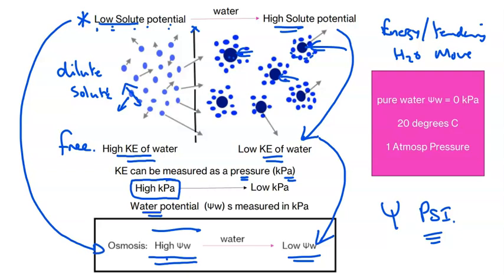Now, for the purposes of this relative scale of water potential, where we have pure water, this is given the water potential of 0 kilopascals, but that has to be at 20 degrees centigrade and 1 atmosphere of pressure. So now we have a new definition of osmosis, which is the movement of water from a high water potential to a low water potential, of course, through the semi-permeable membrane.